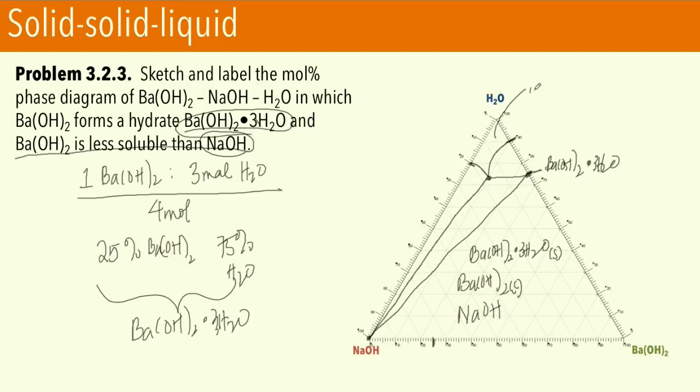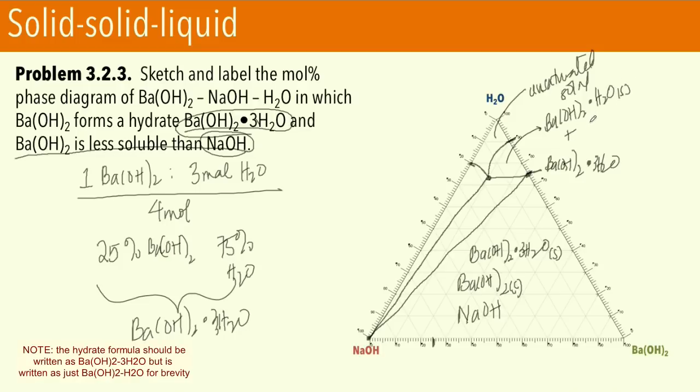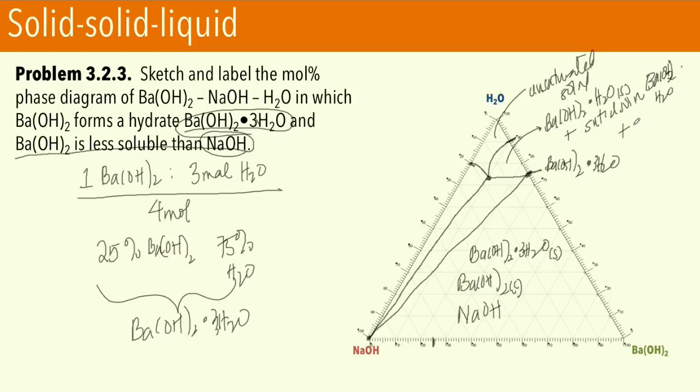Up here we have our unsaturated solution. Inside here we have our solid hydrate plus our solution saturated in barium hydroxide hydrate, but unsaturated in sodium hydroxide.